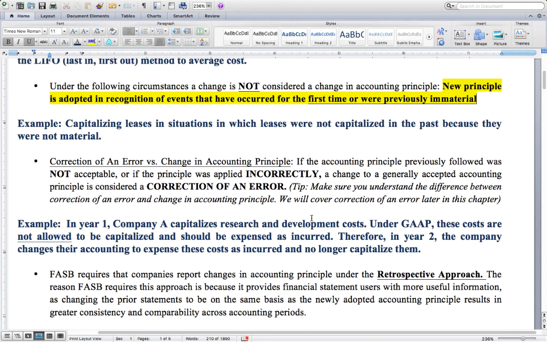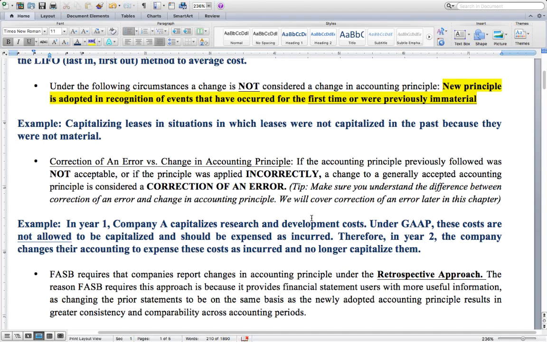Okay, so the key thing to take away from this is that if you were using a principle for the first time, it's not a change in accounting principle. Or also, if you're using it for the first time because it perhaps was immaterial previously, that is also not considered a change in accounting principle. So you can see there's an example there that historically you have not capitalized your leases because they were not material to your business.